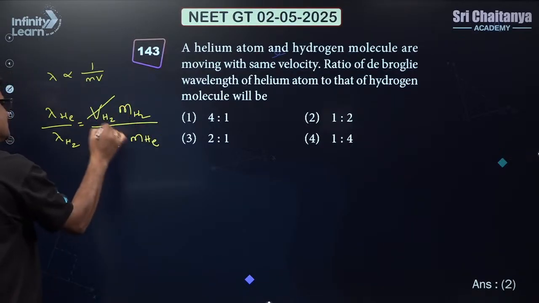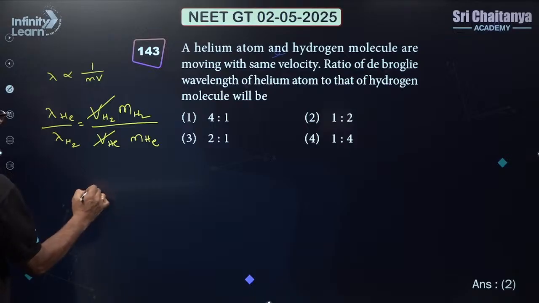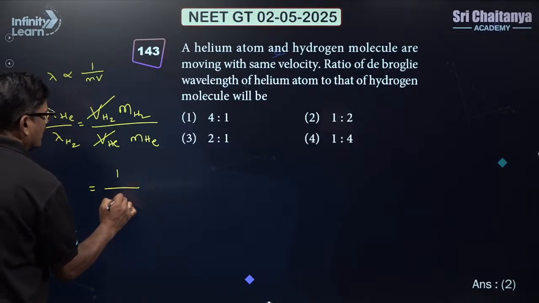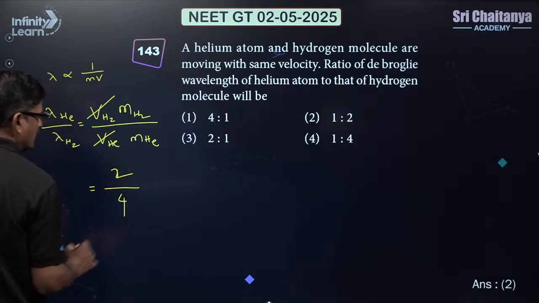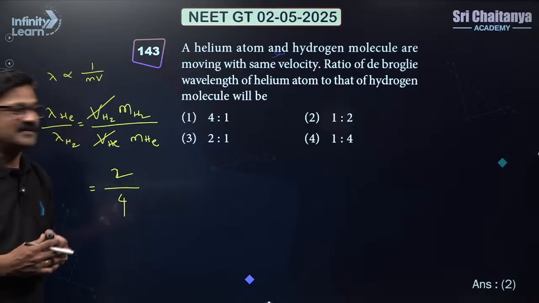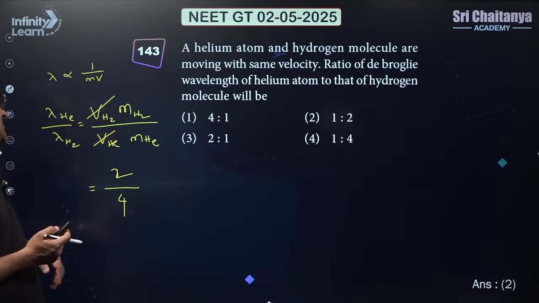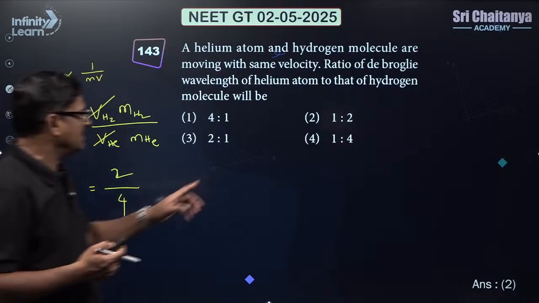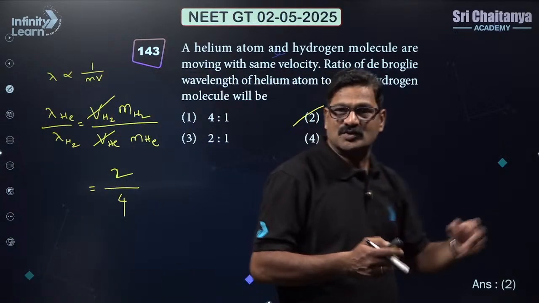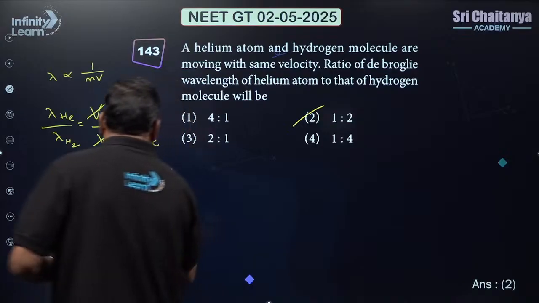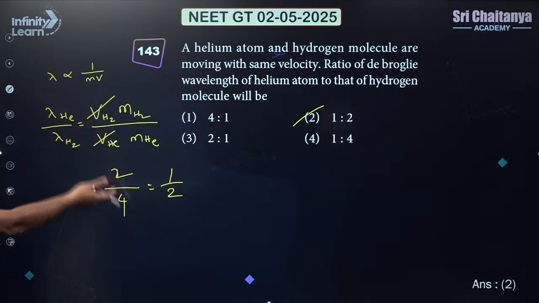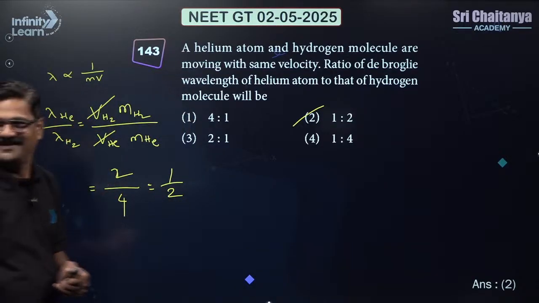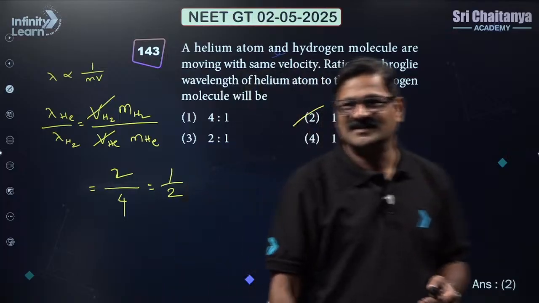Now you take these two, they can cancel. So this is going to be 2 by 4. Molecular mass of hydrogen is 2 and atomic mass of helium is going to be 4. So the answer is going to be 1 is to 2. 2 by 4 is equal to 1 by 2. Understand? Simple. Do you feel it is a numerical, Riha? Not at all. Okay.